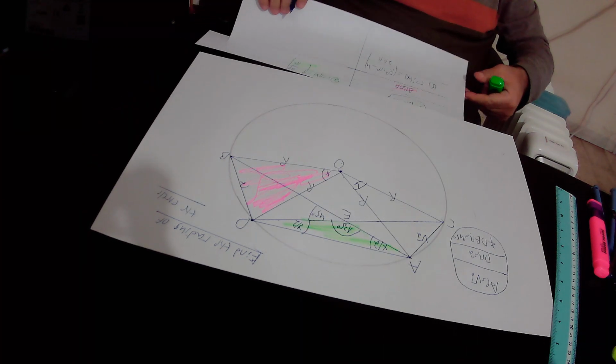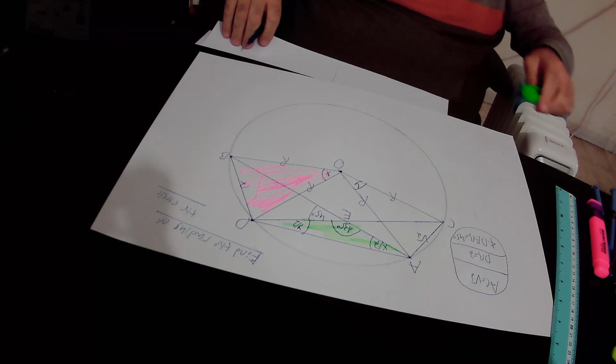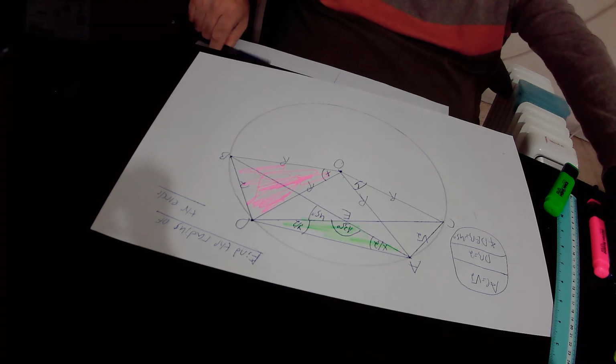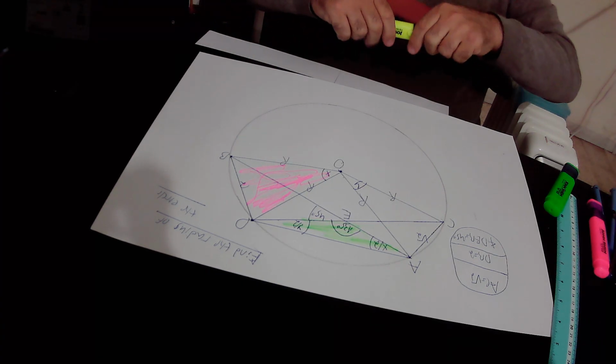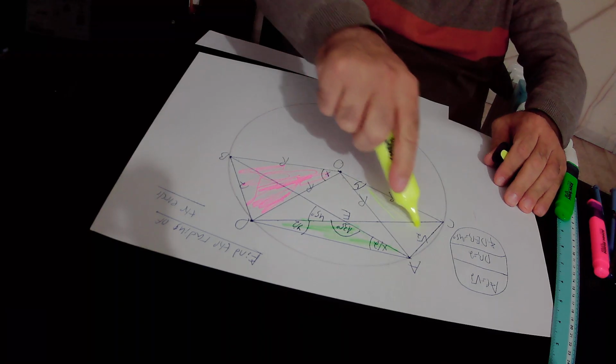In the next step, we implement the law of cosines in the yellow triangle, triangle AOC.